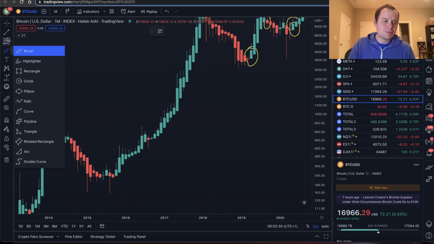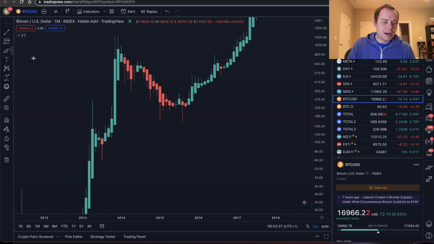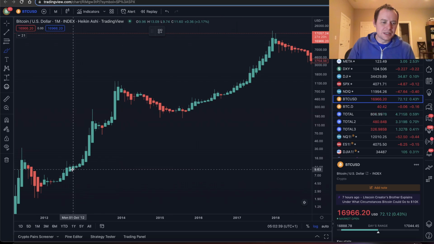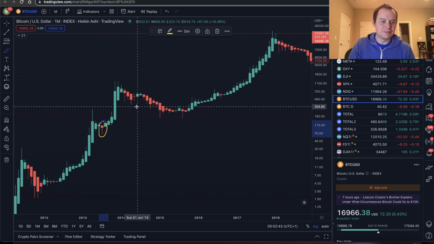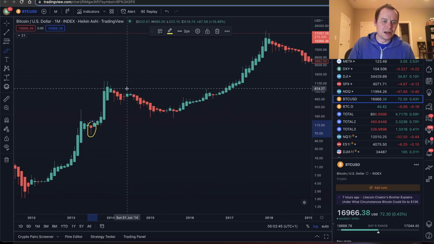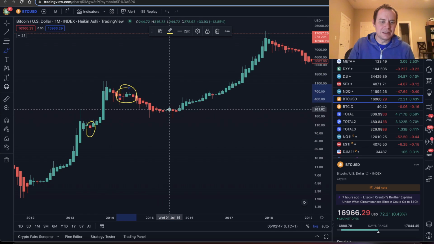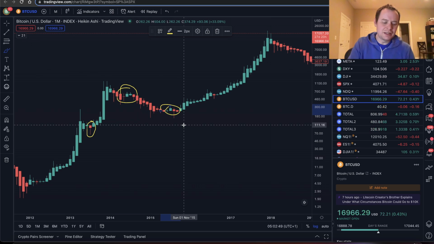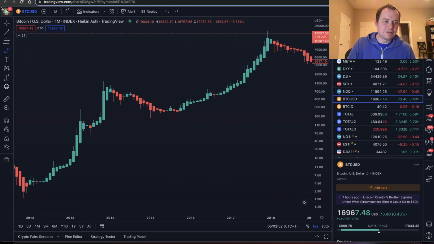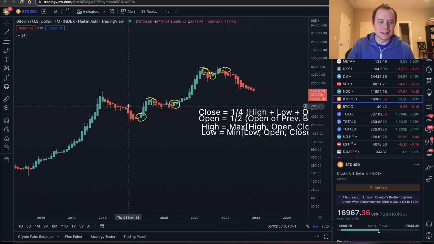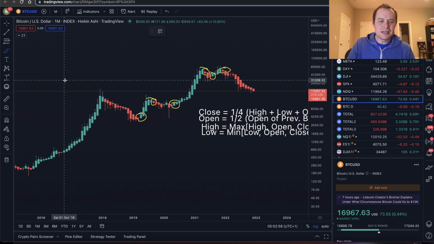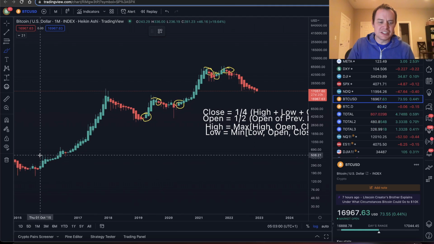This is the 2013 bull market, and you see some red, and if you think that's the end of it, well, you got completely faked out. So it does not always work. There's also a fake out right here, and then maybe a brief fake out in here. But interestingly enough, for the majority of the last two bull markets and bear markets, you can see it provided a fairly clear signal.